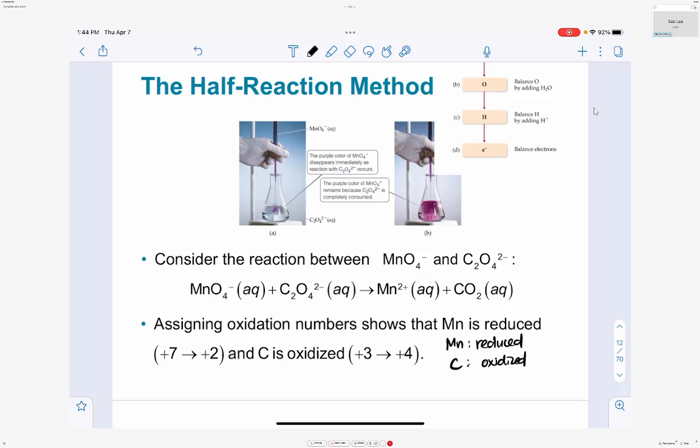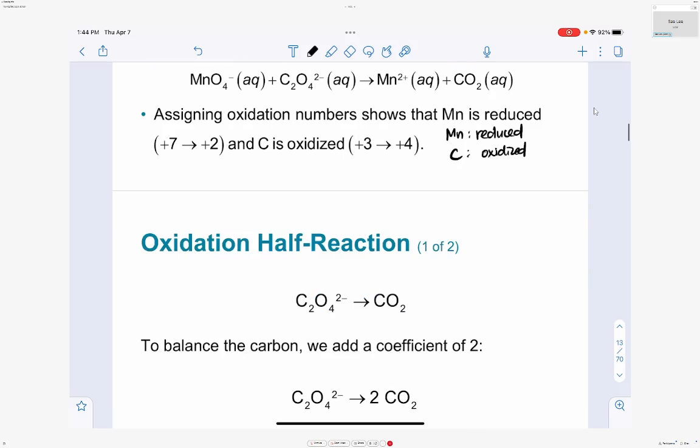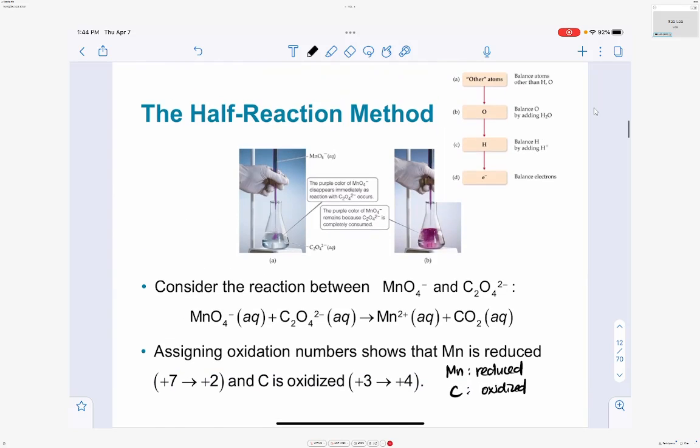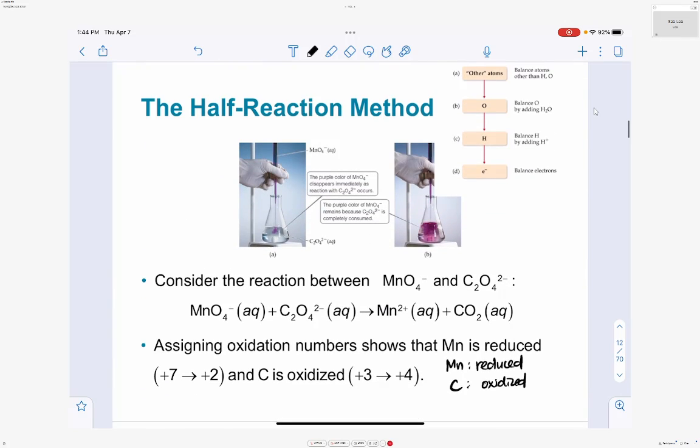So the very first step is to write the half reactions, right? The oxidation half reaction is going to be this portion involving carbon.